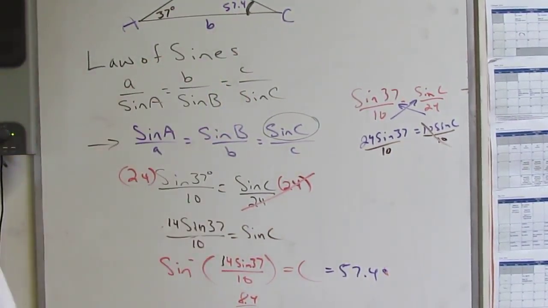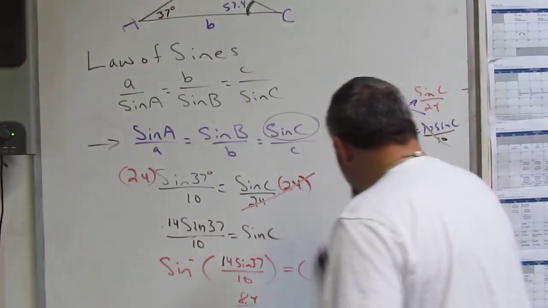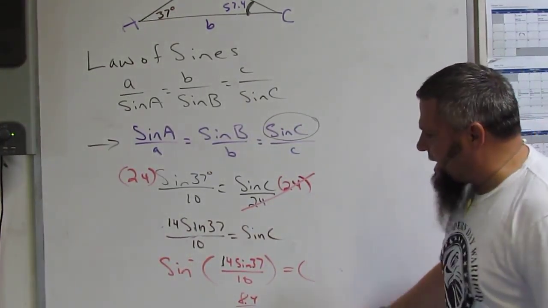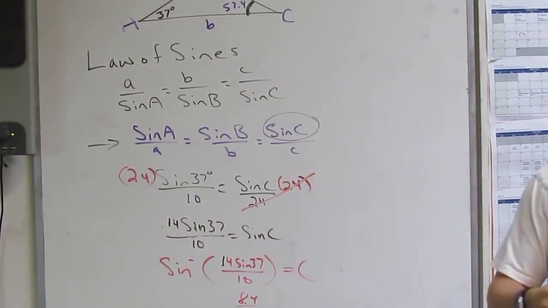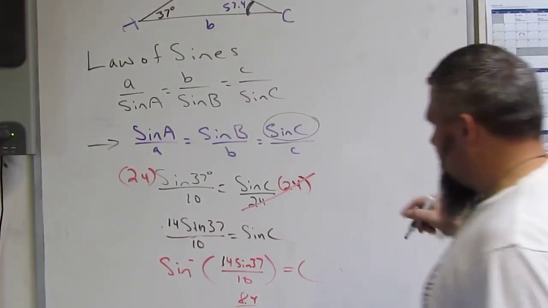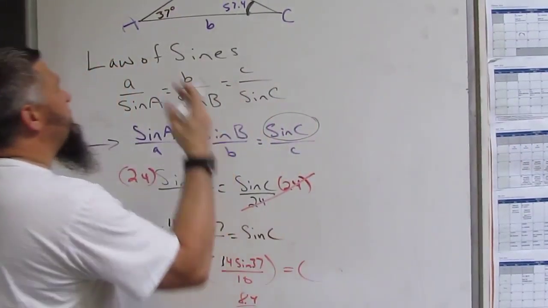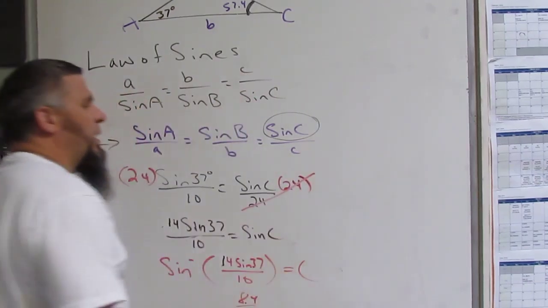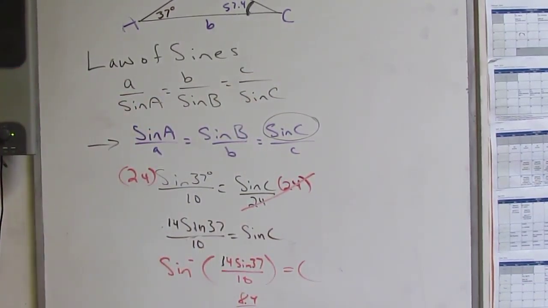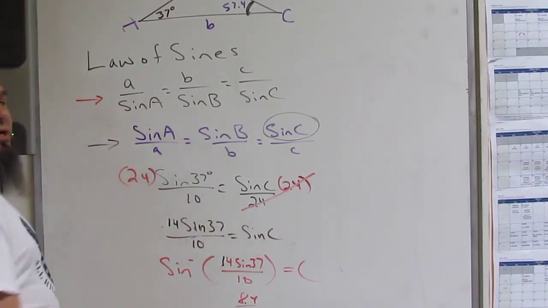Can I find B? Yeah. I find B the same way we did this, but with sides. So I can use sine A, right? But what do I want on top in this case, if I'm looking for B? Yeah, you want B on top.